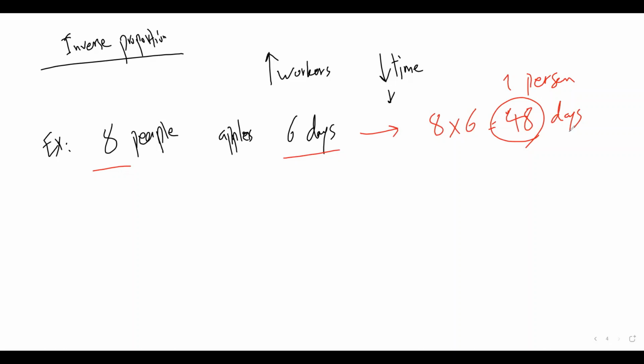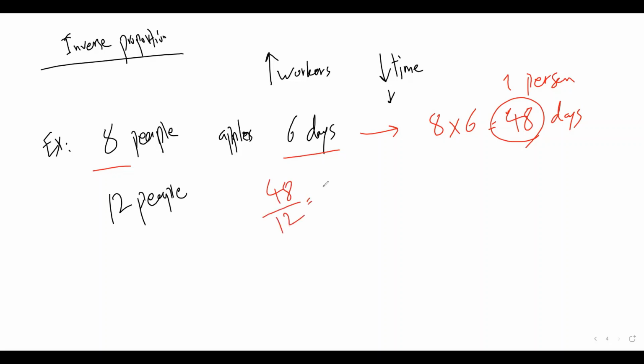It means for one person, this task takes 48 days, right? Now let's continue reading the question. The question says, how many days does it take for 12 people to do the same job? So for one person, it takes 48 days. For 12 people, of course, it's easy. You just divide 48 by 12, right?